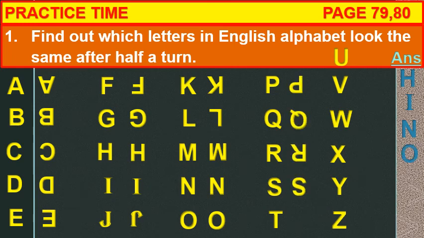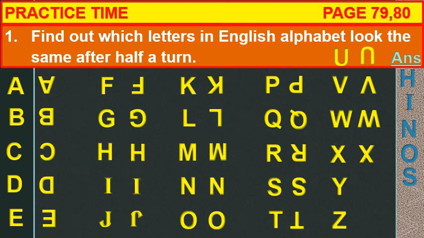Now the original P, Q, R and the half turned P, Q, R are quite different. But S and half turned S both look the same, isn't it? The original T, U, V and W and the half turned T, U, V and W look different.